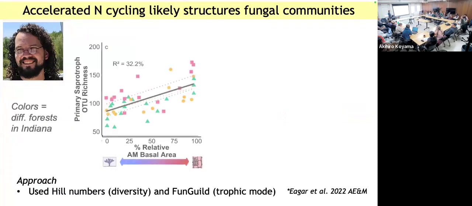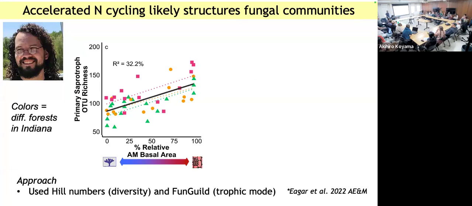Now, Andrew did some other work to build on this. So this is from a series of different plots. The color schemes just represent the 3 different forests. And as you can see, on the same x-axis that I used before, as you increase the basal area of the AM trees on the x-axis from 0 to 100, so again, these are ecto-dominated, these are AM-dominated stands, you see this really nice linear relationship in the richness of the fungal communities.